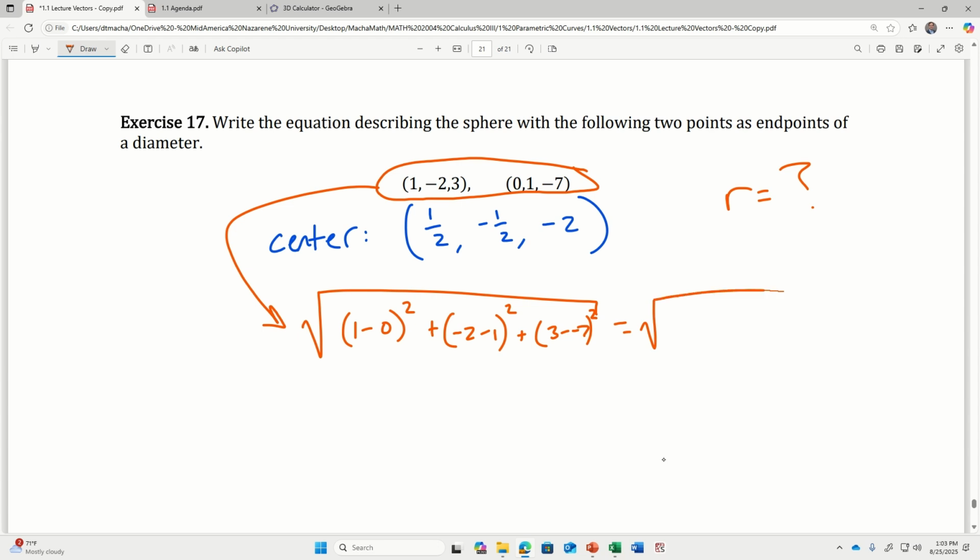So that's the square root of 1 plus 9 plus 100. Square root of 110.